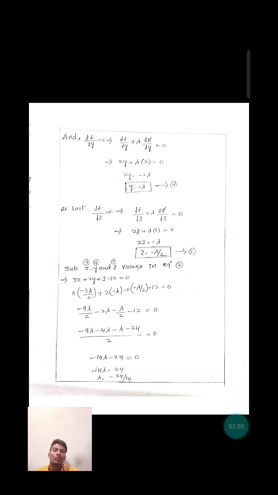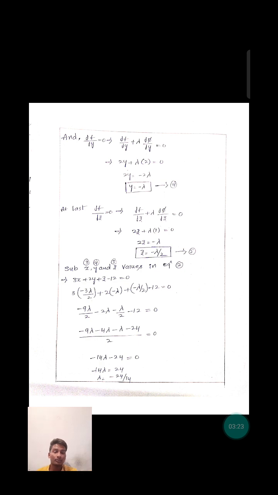At last we find dou F by dou z, that is dou f by dou z plus lambda into dou phi by dou z equals 0. The partial differentiation gives 2z, remaining variables will be 0, plus lambda into 1 is equal to 0. We get 2z is equal to minus lambda, then z is equal to minus lambda by 2, let it be equation 5.